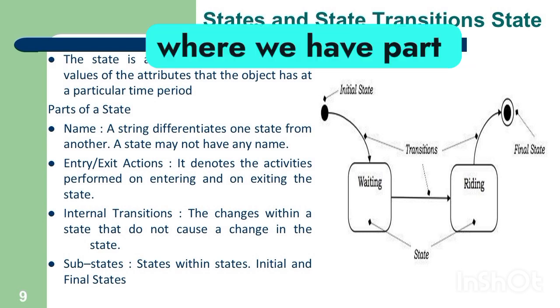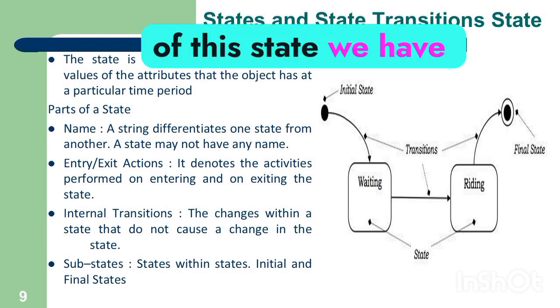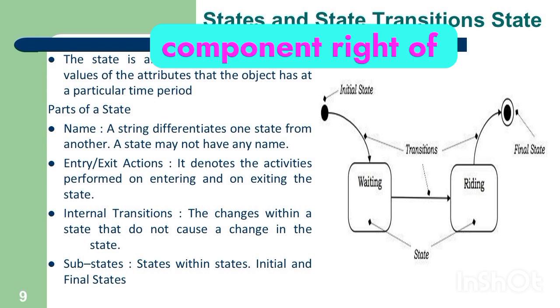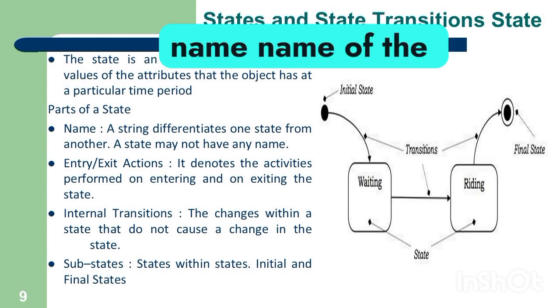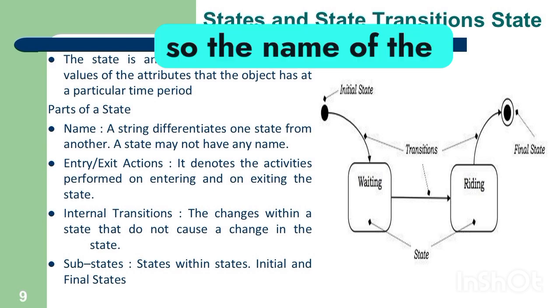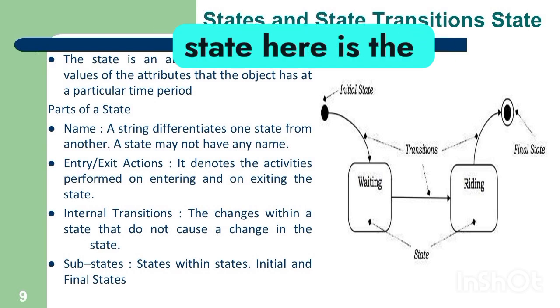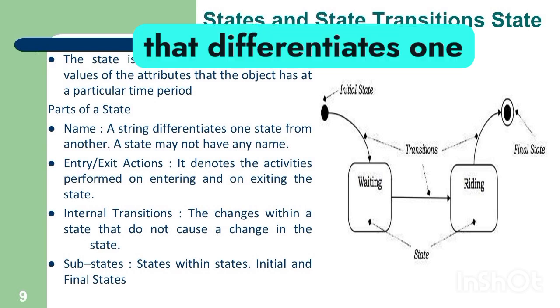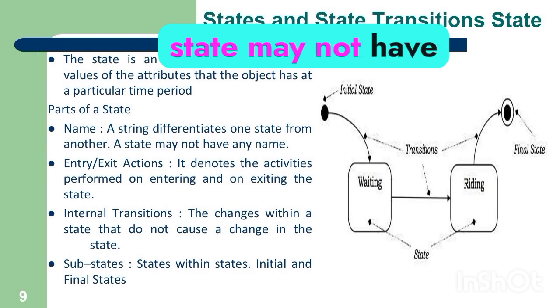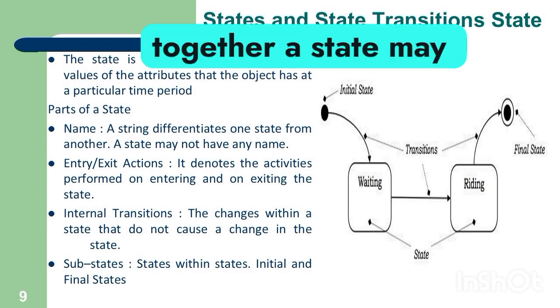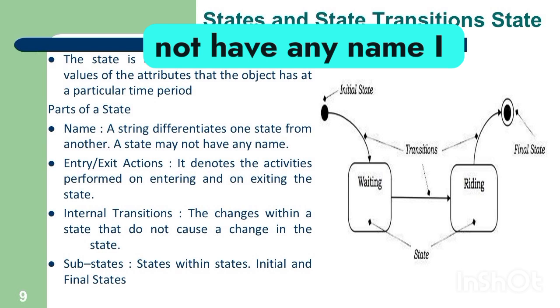Then we have the parts, the components, of this state. One, we have the name of the state. The name of the state is the string that differentiates one state from another. A state may not have any name. Are we together?